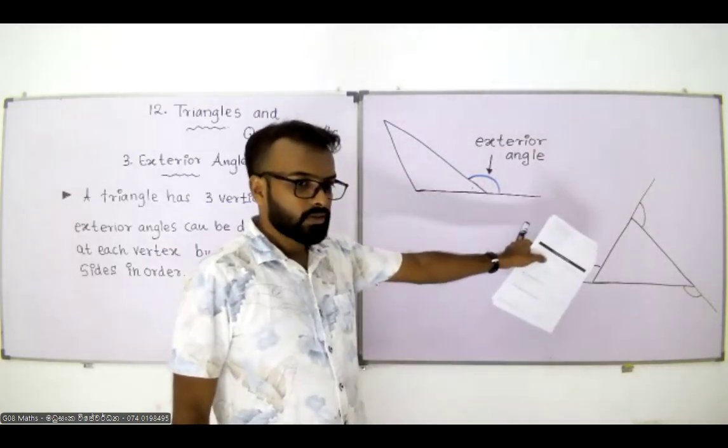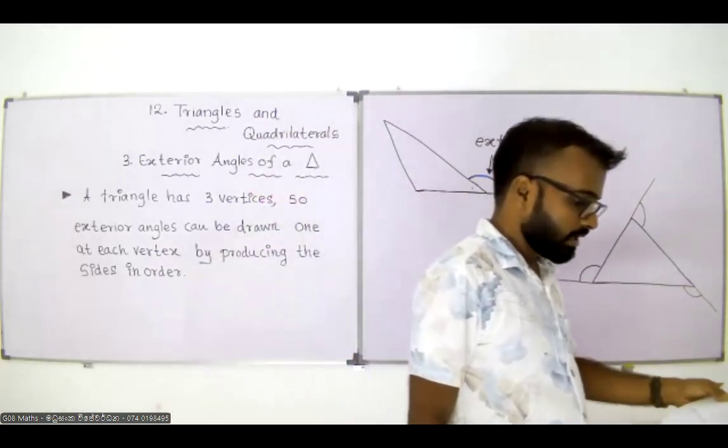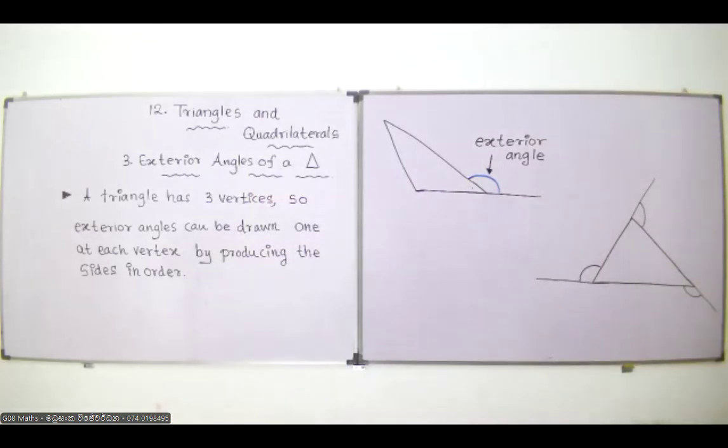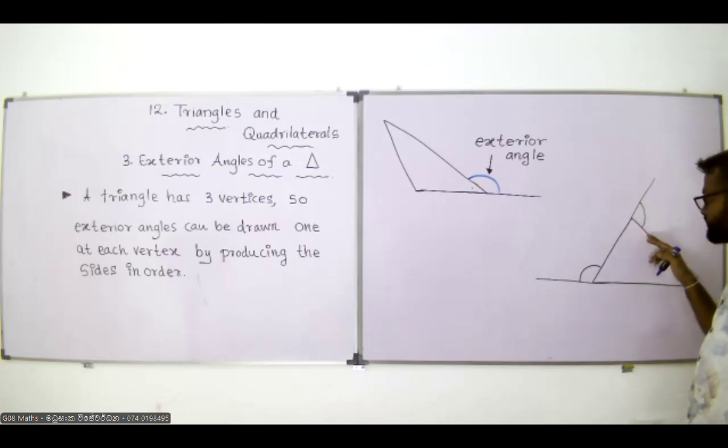Could you please mark it? Okay, and I am using a different color now. I will use blue. I will use red. I am going to extend my sides again. Now I have extended to this side, and I am going to extend this side.